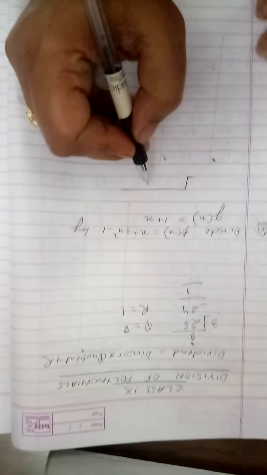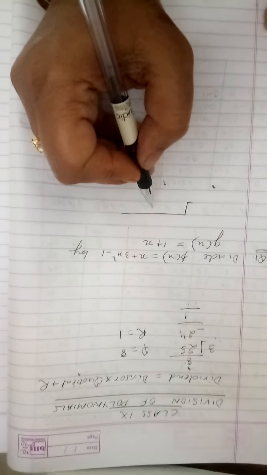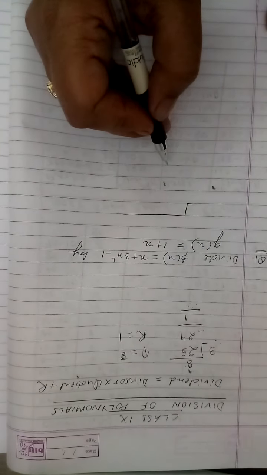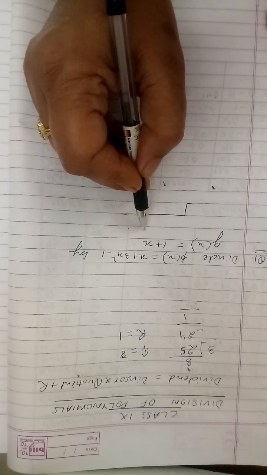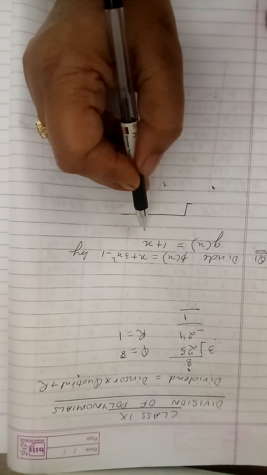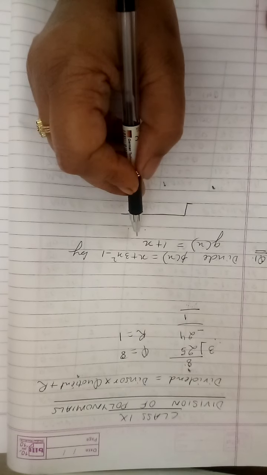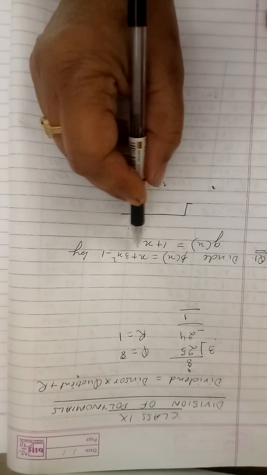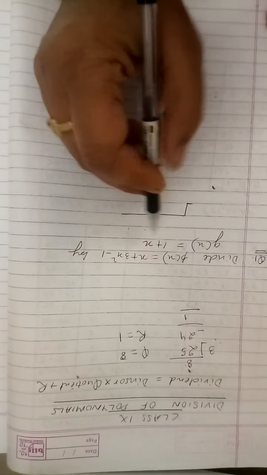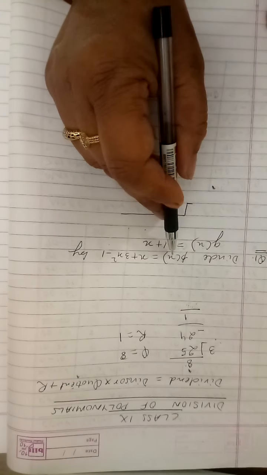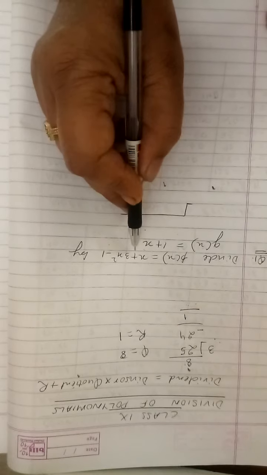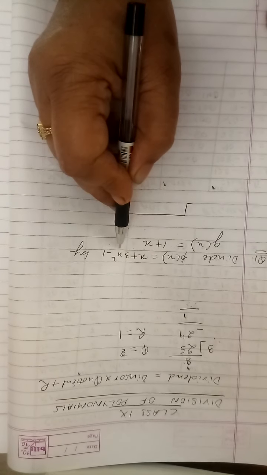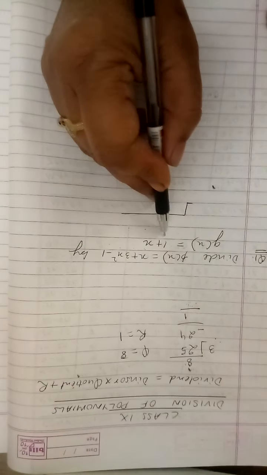Now, when you come to division of polynomials, we almost apply the same logic, but with a small difference. When you're given two polynomials, as in all questions of polynomials, the first condition is that you have to rewrite your polynomials in standard form. Here I've given a question: divide p(x) by g(x), where p(x) is x plus 3x square minus 1, and g(x) is 1 plus x.